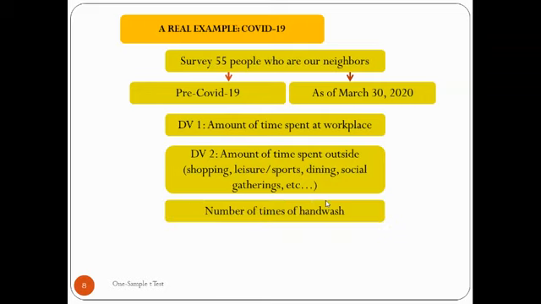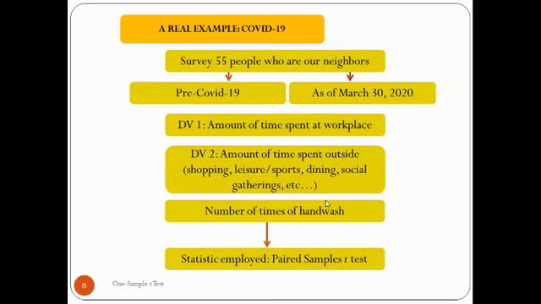And dependent variable 3, the number of times of hand washing before COVID-19, and as of March 30th, 2020. And then you can use a paired sample t-test in order to detect such differences.